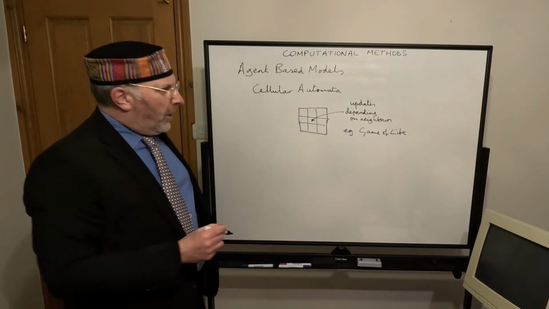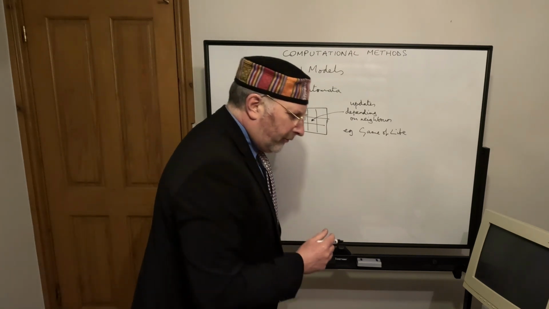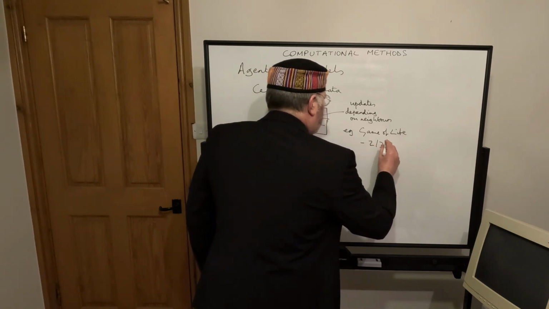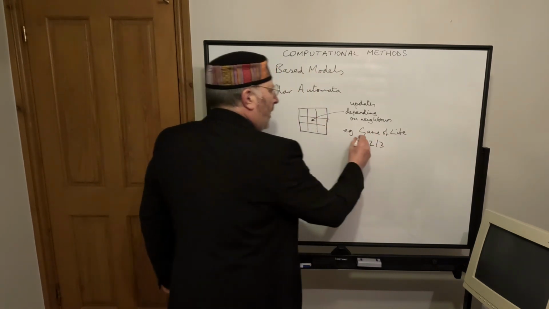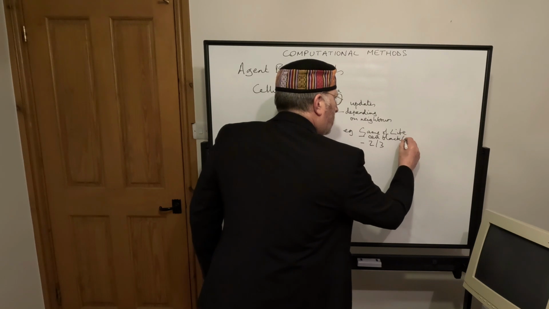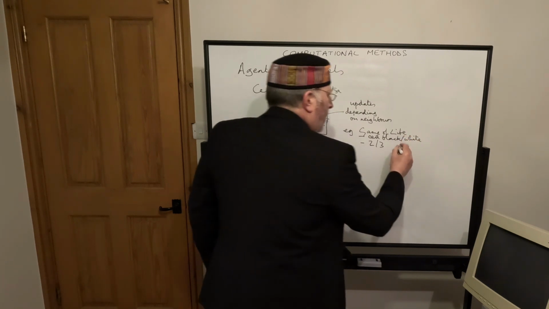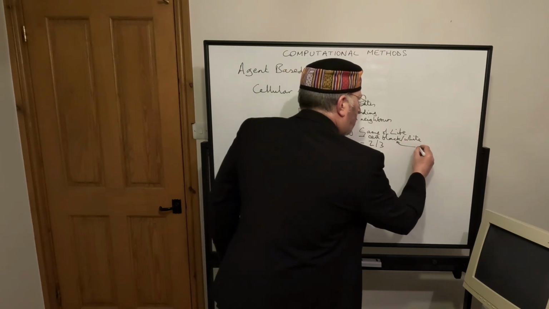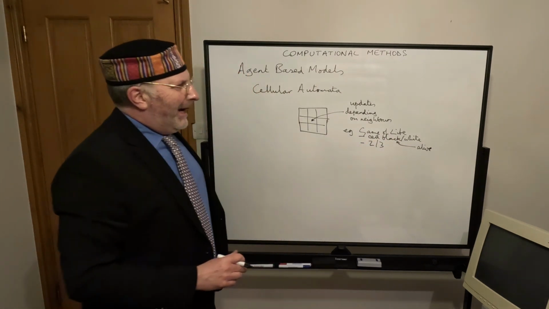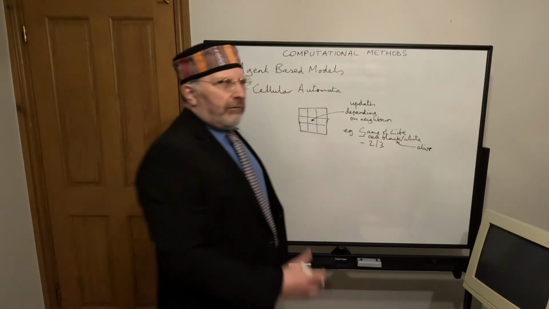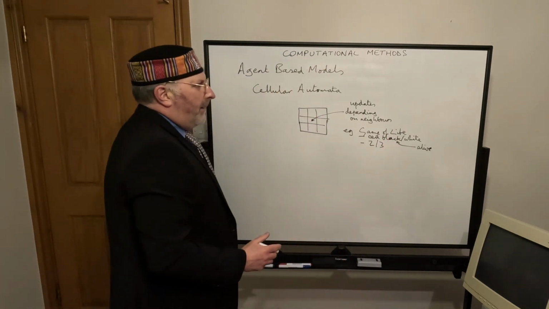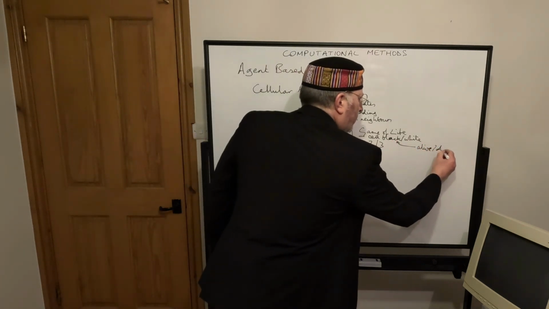Developed by the mathematician John Conway, it has the rules that each cell is either black or white, and black means alive. Well, perhaps I should have just said each cell is alive or dead. What colour you use is up to you, but usually black or white would be used. So it's either alive or dead.